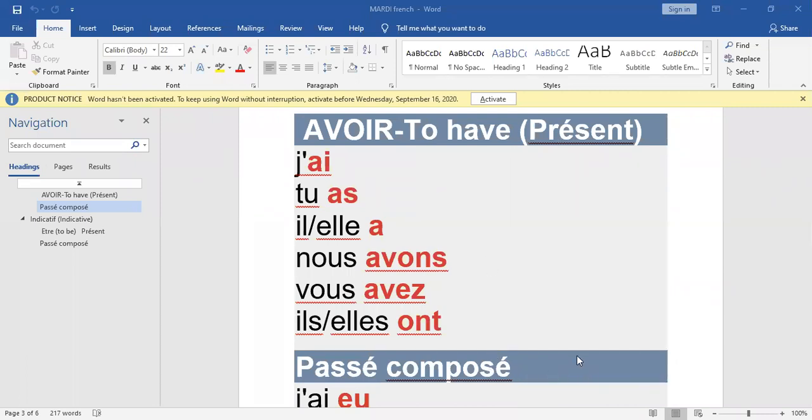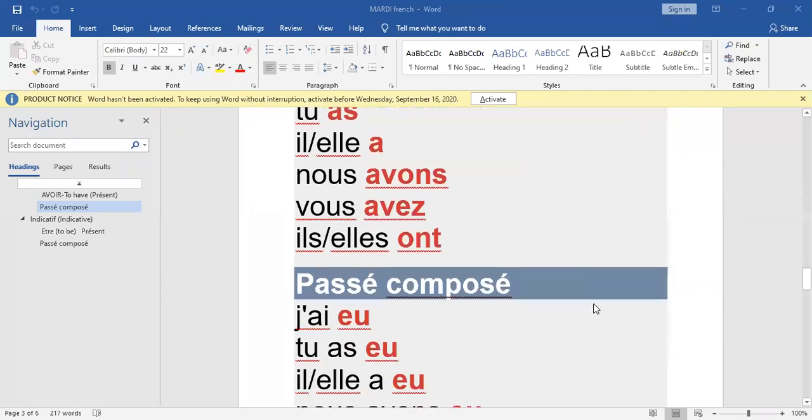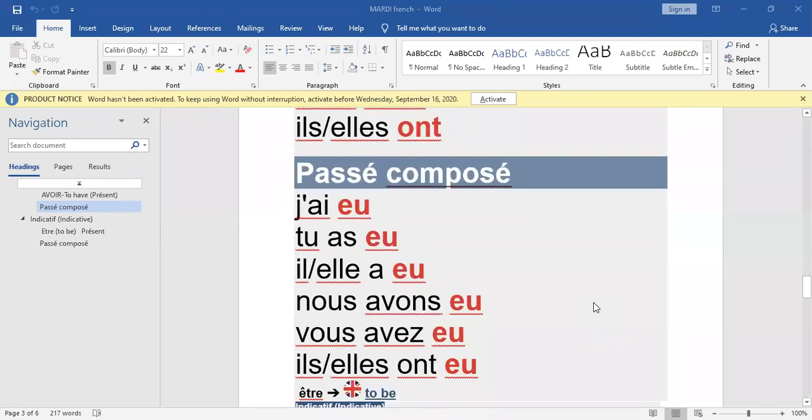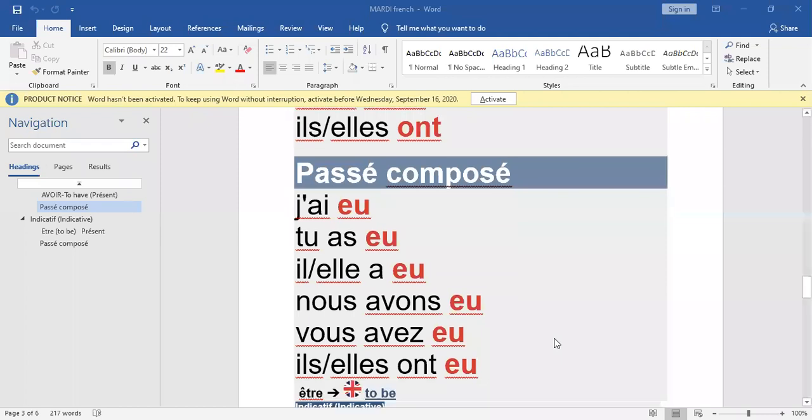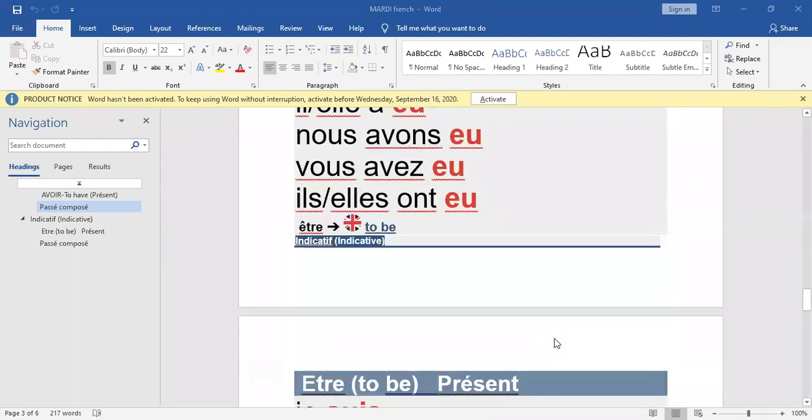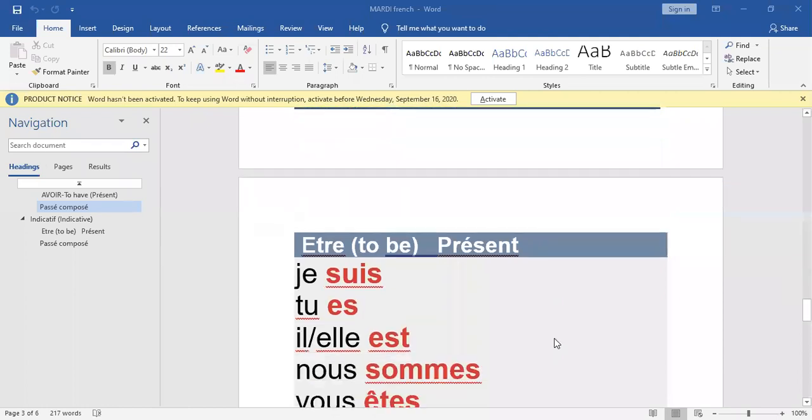Okay, I believe you have finished copying this. Let me scroll. These are verbs that you use commonly.